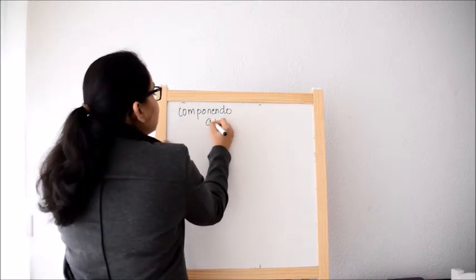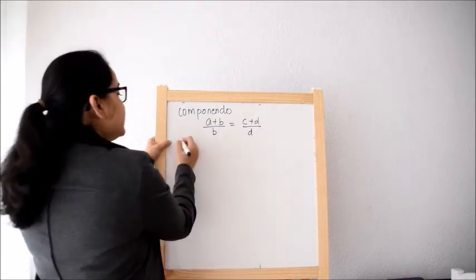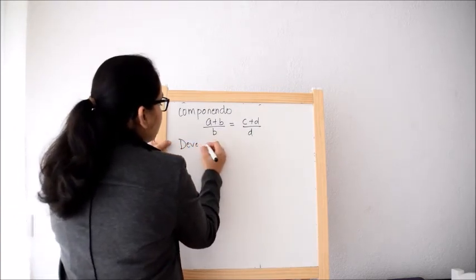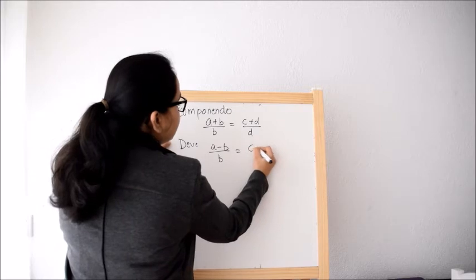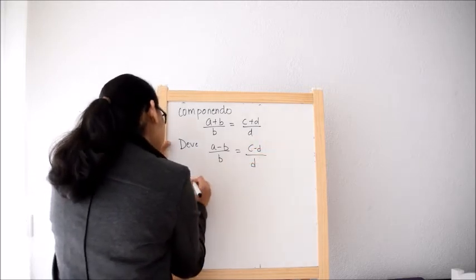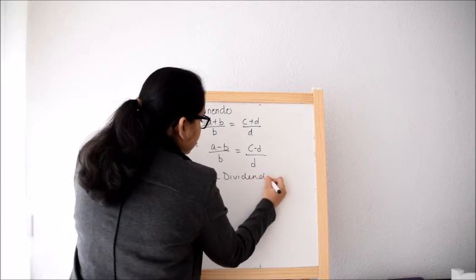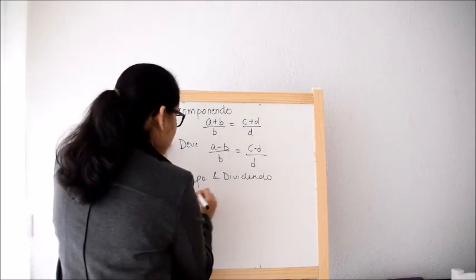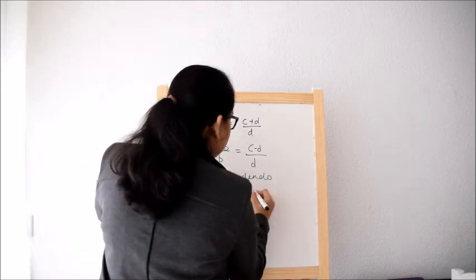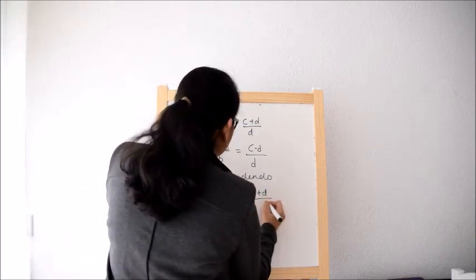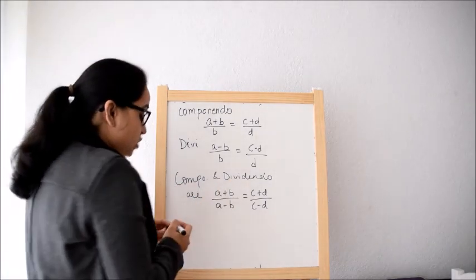Componendo is A plus B upon B is equal to C plus D upon D. Okay, and there is one more term, dividendo, which says that A minus B upon B is equal to C minus D upon D. So componendo and dividendo are A plus B upon A minus B is equal to C plus D upon C minus D. Okay, right? So you have to remember what is componendo and dividendo.